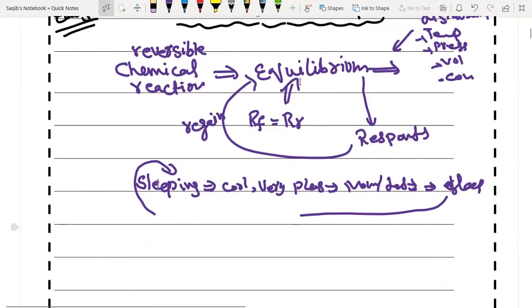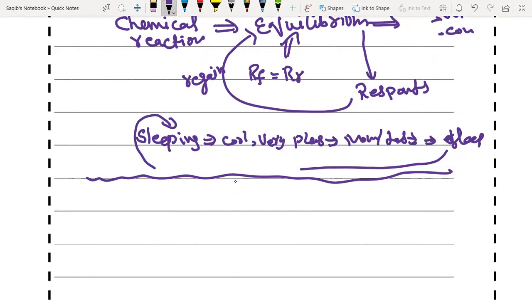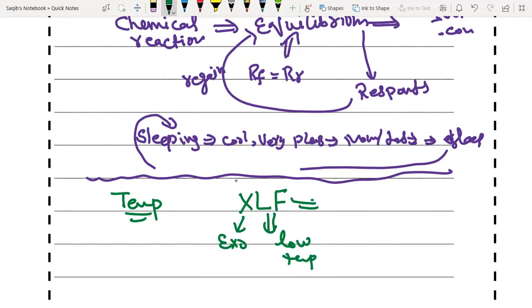Okay. So next, we will discuss the next key notes: how temperature affects. The code for temperature is XLF. When the reaction is exothermic and you apply low temperature at equilibrium, the reaction moves forward.